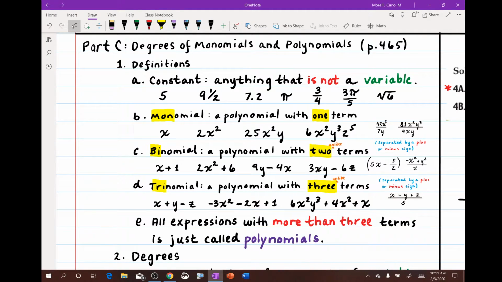And then put A, constant, leave a space. B, monomial, leave a space. C, binomial, leave a space. D, trinomial, leave a space. E, all expressions, okay? Leave a space. That way you don't write any of this. What you're doing is you're getting down the skeleton of what's up on the board. And then you'll actually have a shot at keeping up.